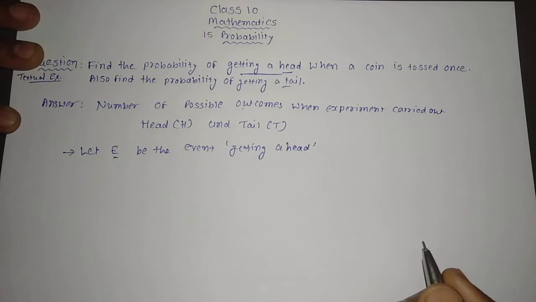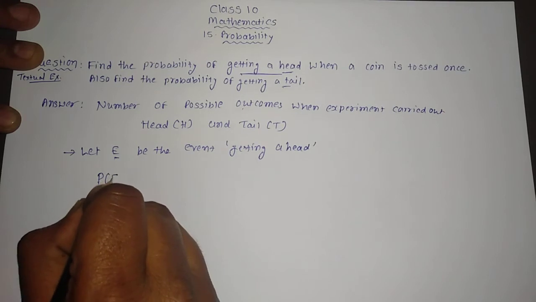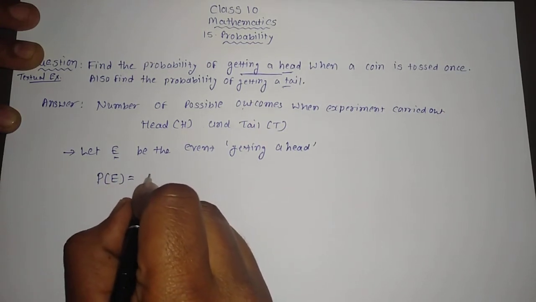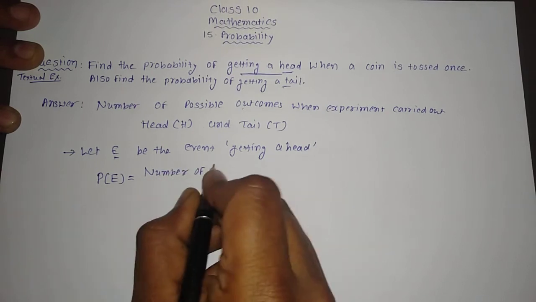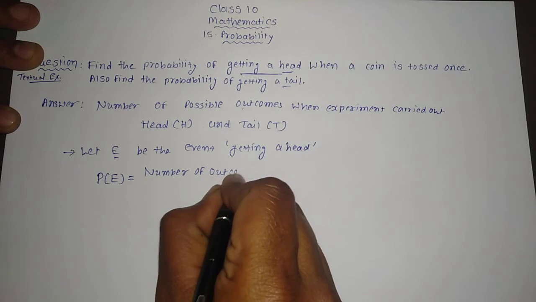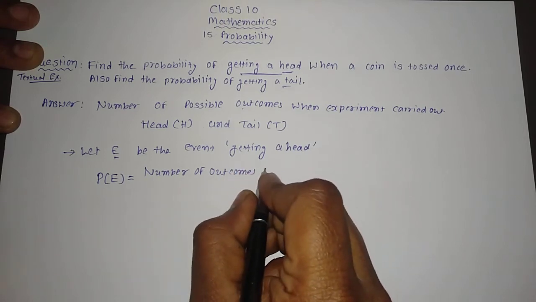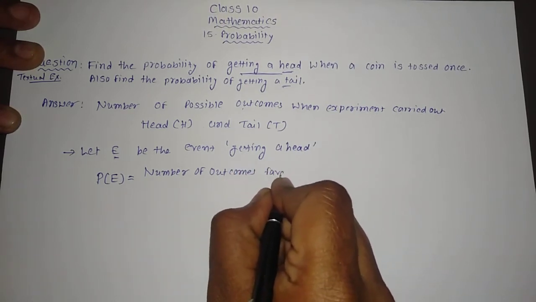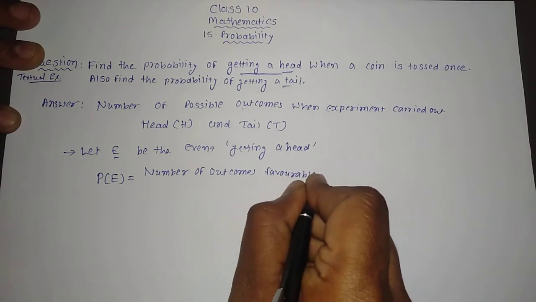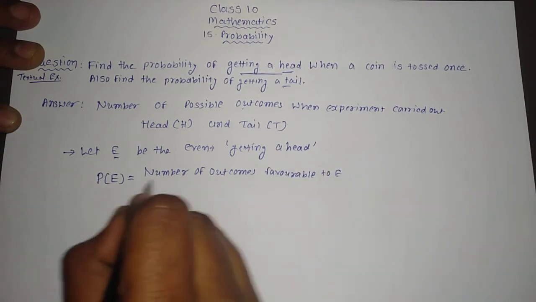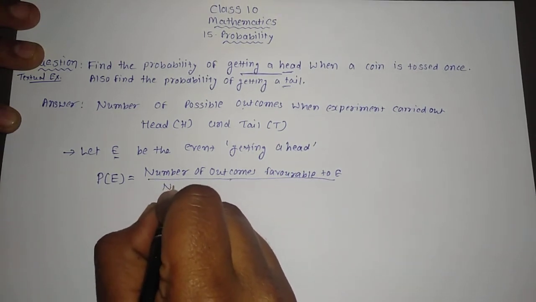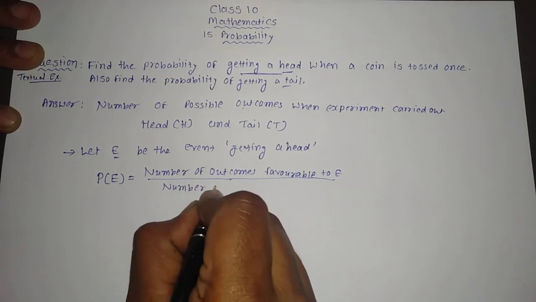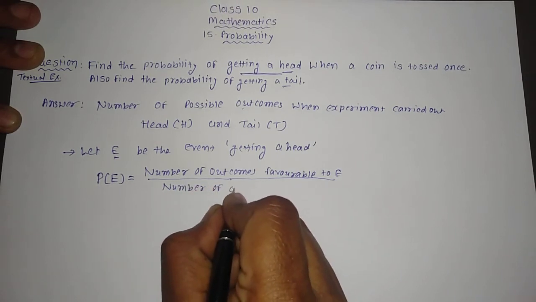That is 1. So first of all we write the formula: P(E) is equal to the number of outcomes favorable to E divided by the number of all possible outcomes.